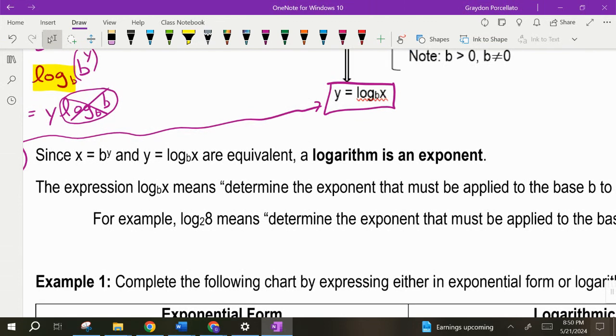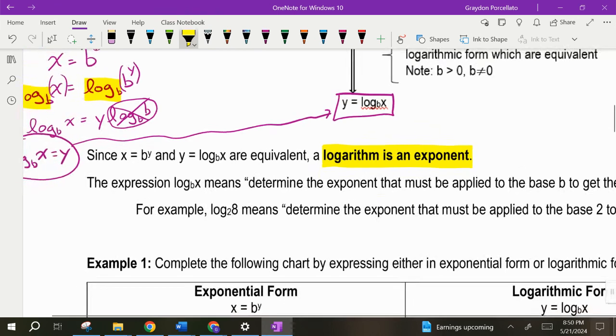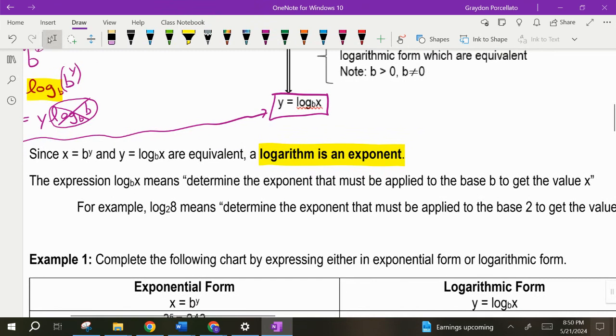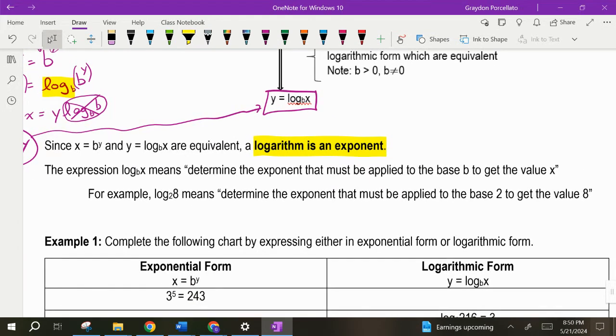So it says, since x equal to b to the power of y and y equal to log of x base b are equivalent, a logarithm is an exponent. So a logarithm is considered an exponent. The expression log of x base b means, and this is how we read it, determine the exponent that must be applied to the base b to get the value x.